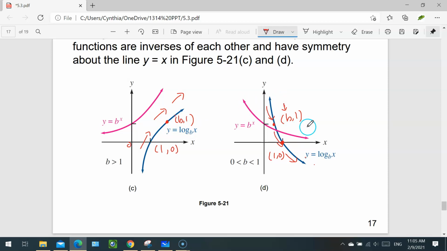As you can see, the logarithm function is the inverse of the exponential function. This is y equals x. When two functions are inverses of each other, they reflect across the line y equals x.